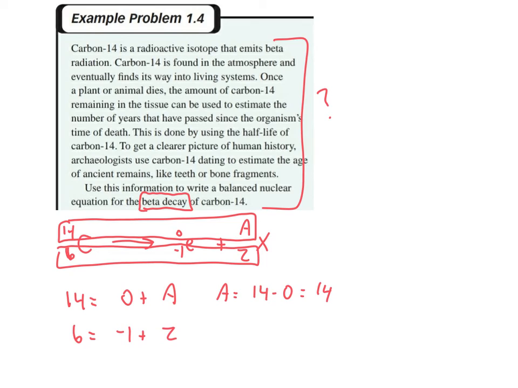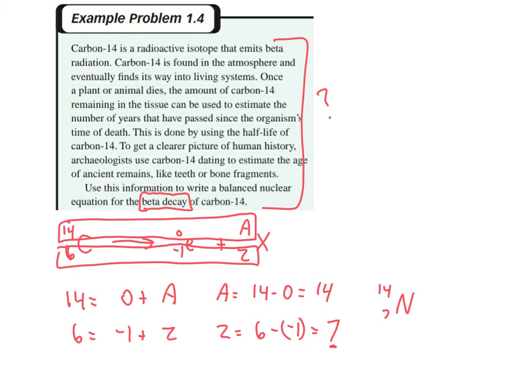So that is going to be the mass number of this element. And then Z is going to equal 6 minus -1. Well, 6 minus a negative is the same thing as adding a positive, and so that would be 7. And so nitrogen is the element that is element number 7. So the 7 goes down here, the 14 goes up here.